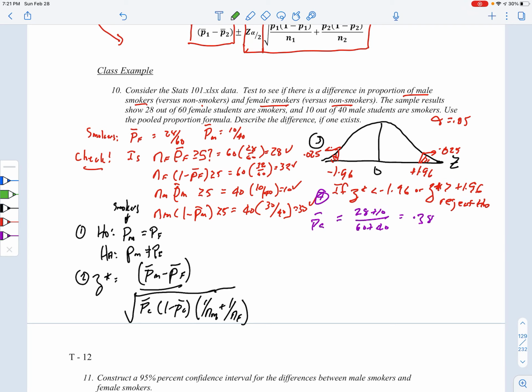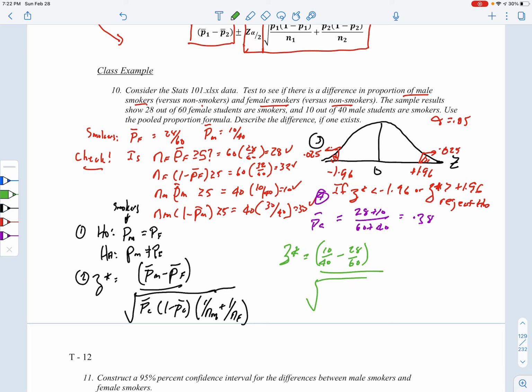Let's continue. I'll just change colors here. Z star is equal to your P bars. So I've got, in my formulas, the males before the females, so let's do it that way. We've got 10 out of 40 minus 28 out of 60.